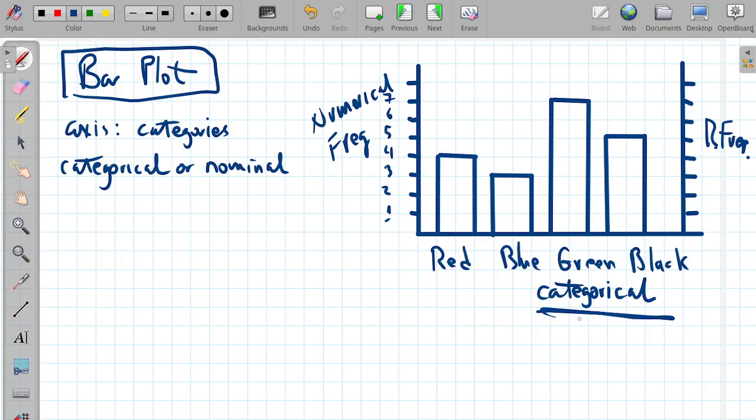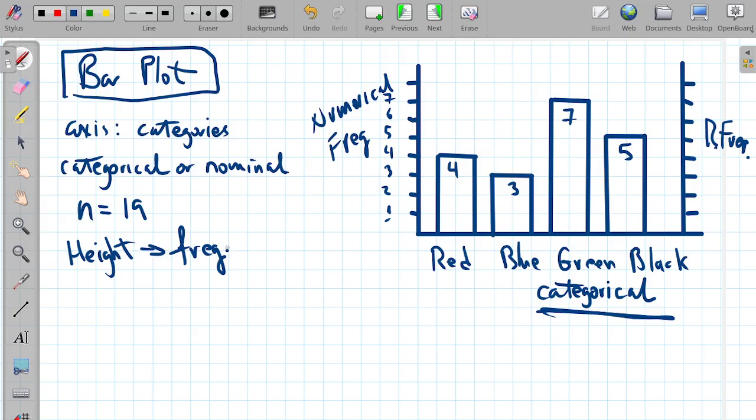Otherwise, you pretty much read it off the same way. How high is this one? This one's 4. This one's 3. This one's 7. And this one is 5. So how many observations do we have here? We have 19, apparently. Wow, I can really pick some lousy numbers to use. So just by counting the heights, we see that n is 19. So height gives us our frequencies. And if you add them up, you get the counts.